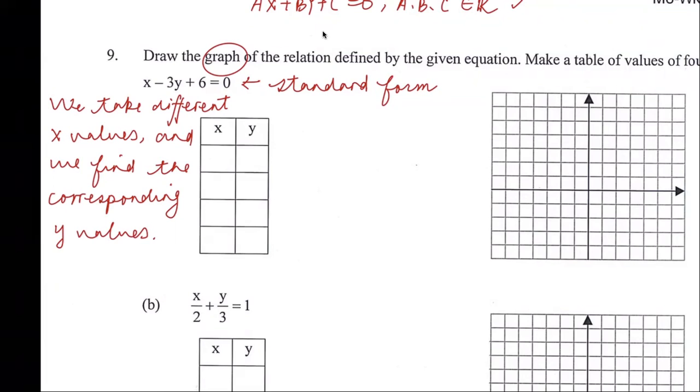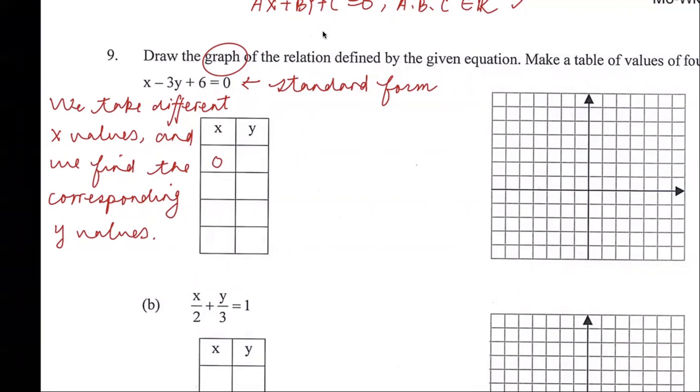For example, you can take any x values. You can let x be 0, be 1, be 2, be minus 1.5, be minus 0.345678. It doesn't matter. You can take any x value as long as you can find the y value correctly.